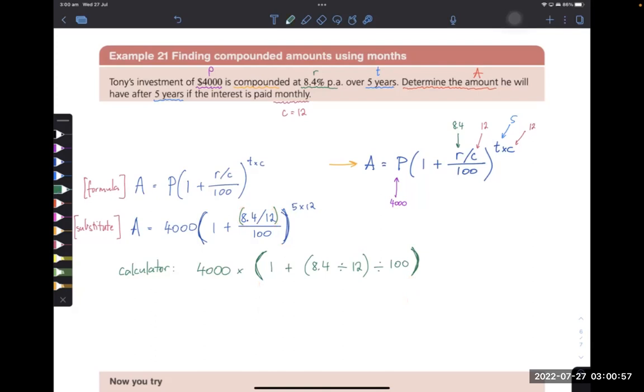The next part here is we're going to put a hat, or sometimes you might see it as x to the power of y, or you might see it as x with a box next to it. This means the power of. Now, this 5 times 12 here both sits in that bracket there. So again, we're going to put a pair of brackets around there and just go 5 times 12.